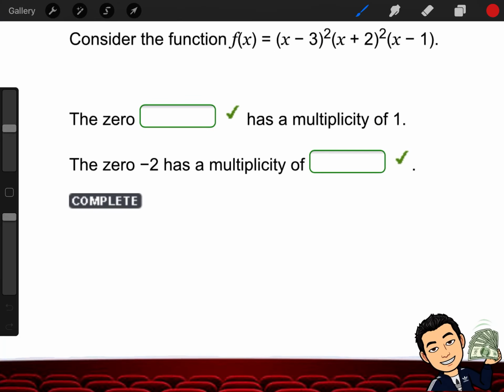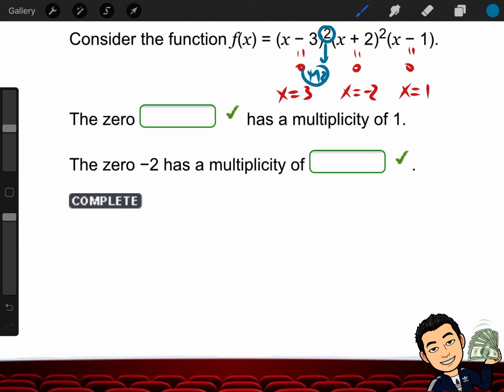All right, so let's look at the next one. This is actually a pretty easy one. All you need to do is set all the binomials equal to 0. You're going to find that x equals 3, x equals negative 2, x equals positive 1. Now you can determine the multiplicity by looking at the exponents.